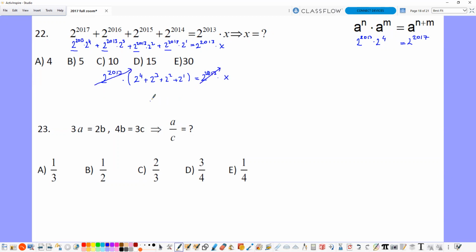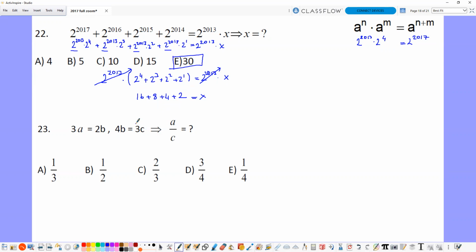So x is equal to 16 plus 8 plus 4 plus 2. Here, 8 plus 2 is 10, 16 plus 4 is 20, 10 plus 20 is 30. So the answer is E.